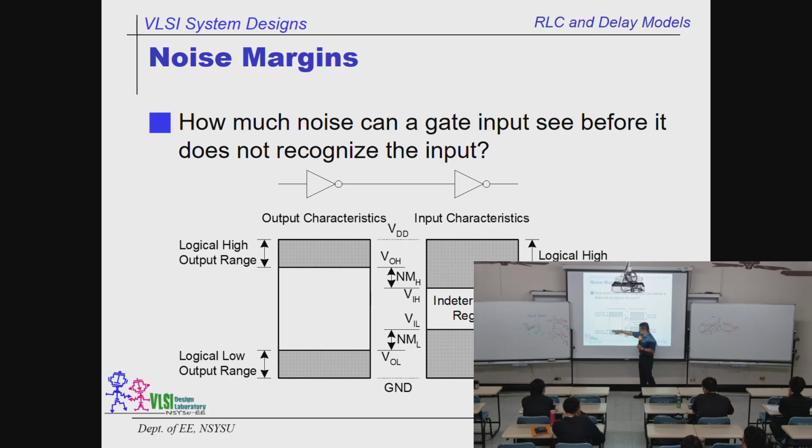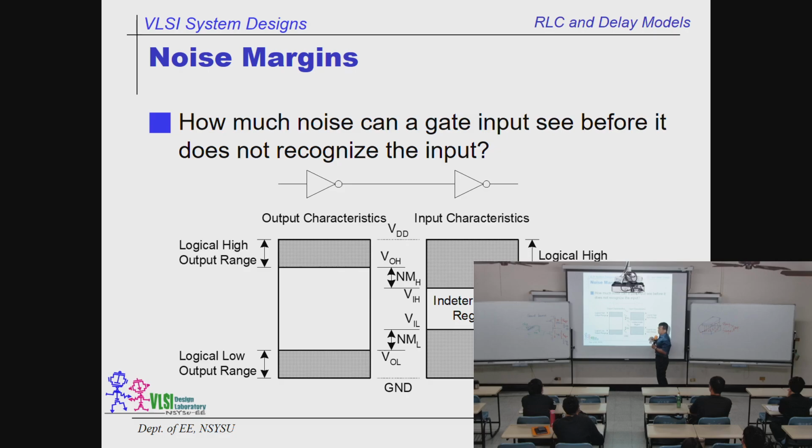And all the signals below this line, the second inverter must recognize this is low. And this is a very special voltage over here we call VOH, output high. This is output low. So the first inverter has to have the capability to deliver a signal over this one or under this one, make it clear.